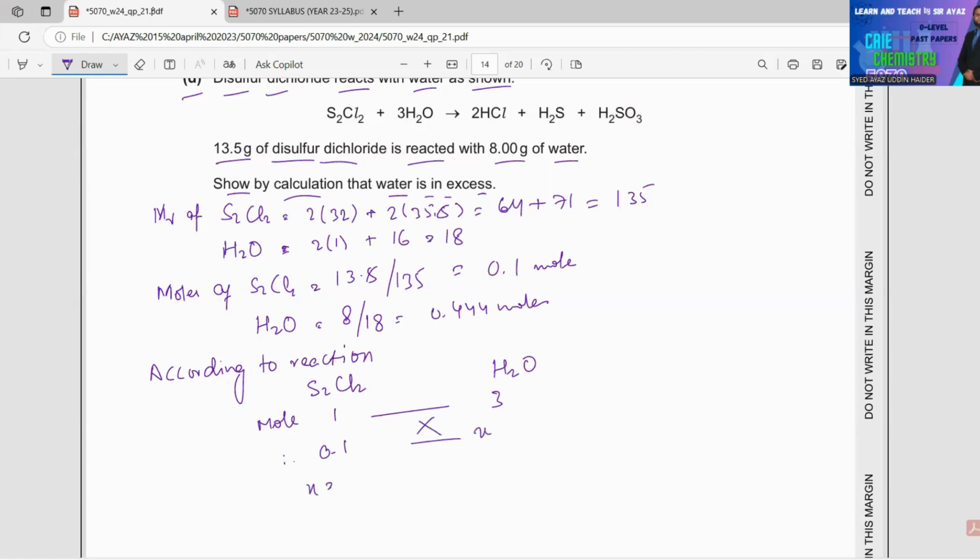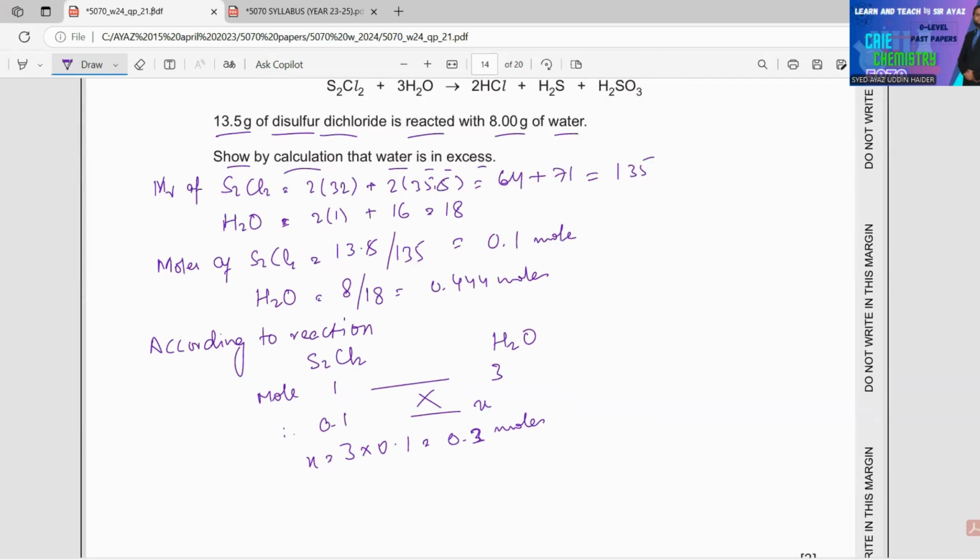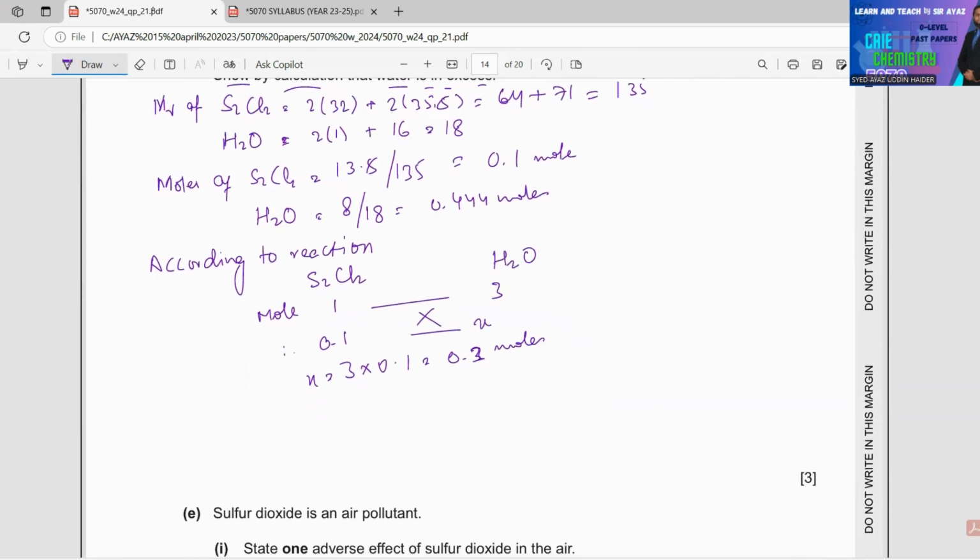Definitely, X becomes 3 multiplied by 0.1, which is 0.3 moles needed. So 0.444 mole is provided from the data. So hence it's proved that water is in excess.